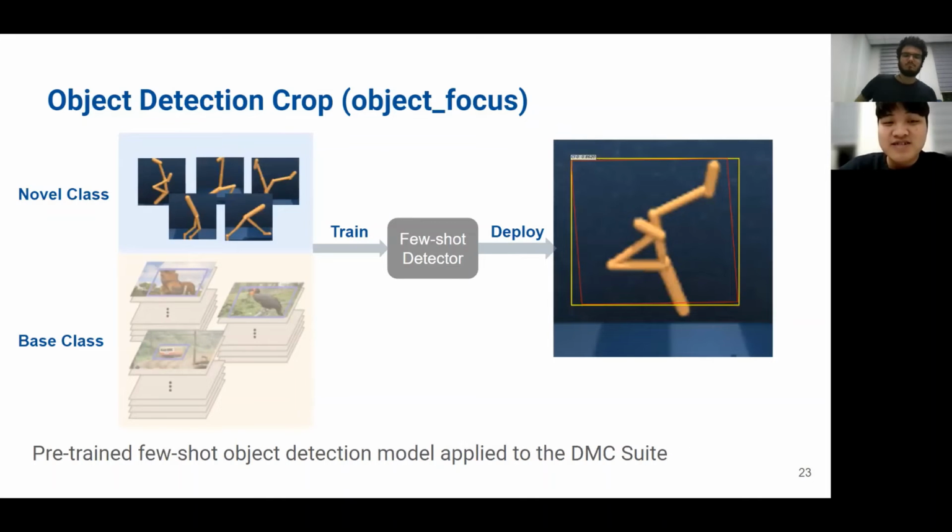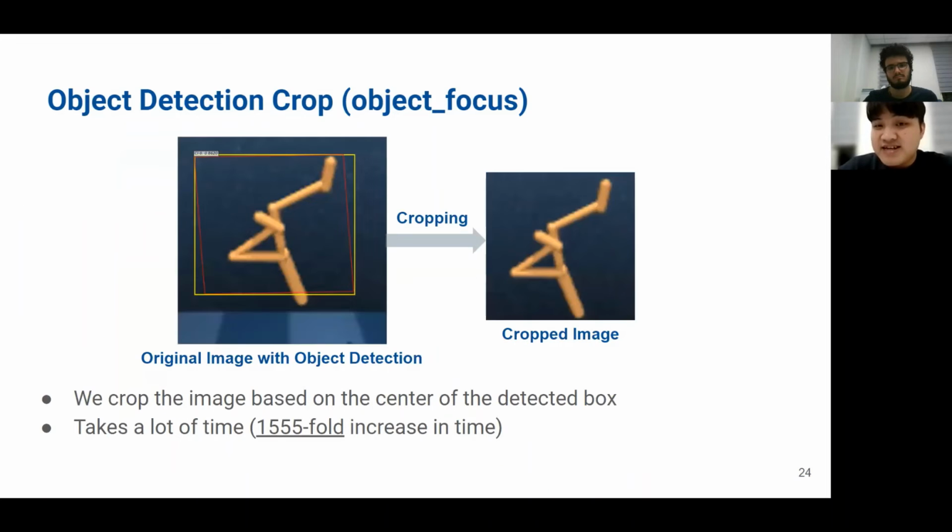Using this mechanism, we used the image of the agent as a novel class, and we expect that when deployed to the environment, it can detect the agent. Then we would crop the image based on the center of the detected box. But we realized that this takes a lot of time. It leads to a 1,555-fold increase in time, and is basically not feasible to run.